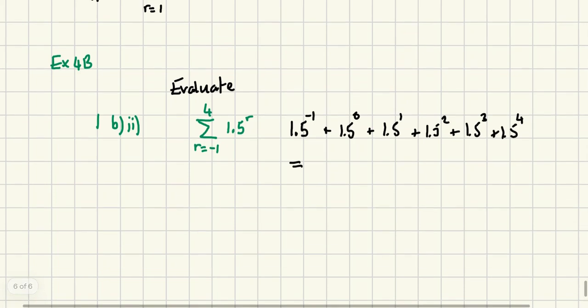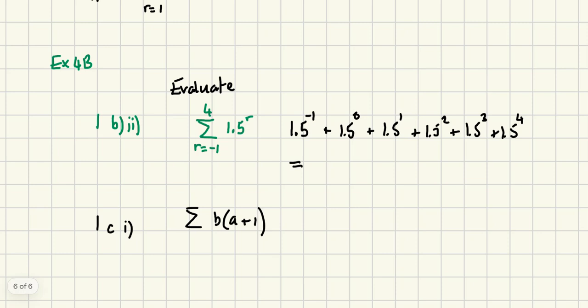So it's kind of simple enough. Let's look, because it's a slight difference, 1c part i. We've got the sum of b(a plus 1), with a equals 1 to 4. We're going to be asked to find it.